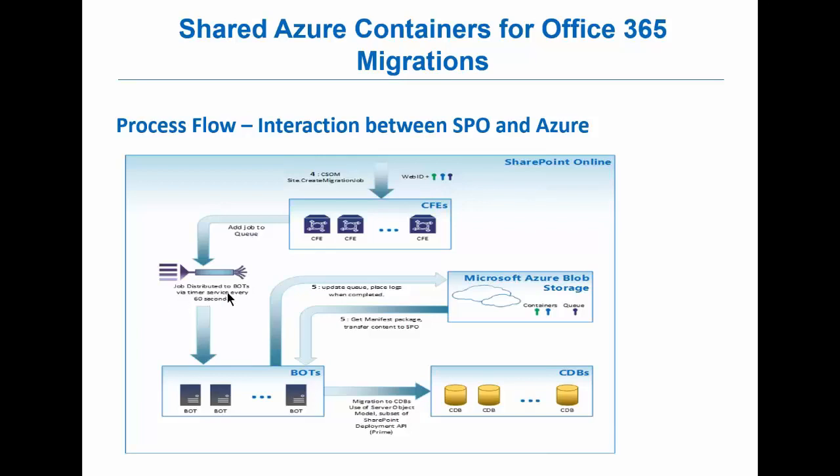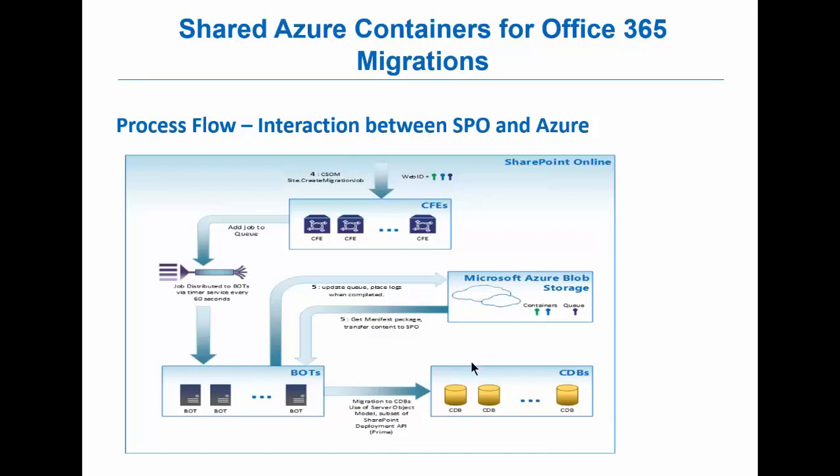And as you can see here, there's a timer job that runs on the Azure infrastructure that sends these jobs to the respective bots, which then start reading from the Azure storage, and they'll start writing to SharePoint Online. It uses a combination of DB writing methods and a combination of the server object model and Prime API. So this is how the migration happens in the back end.